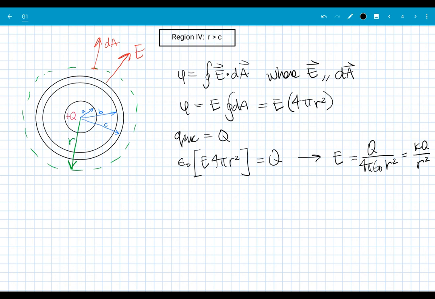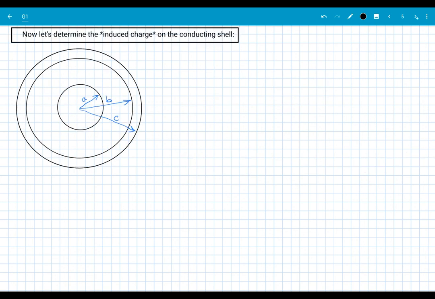Okay, so we're going to look at the why of this for just a moment here, because I have one more question on here, and that is, let's determine the induced charge on the conducting shell. So induced charge might be a concept that you're just getting to know, but I want us to think about it. It's going to help pull some of the behavior together here.